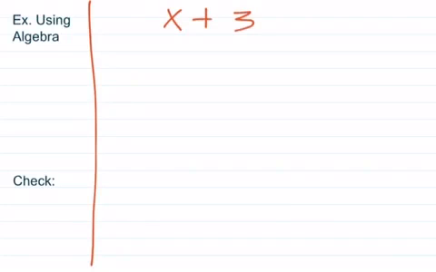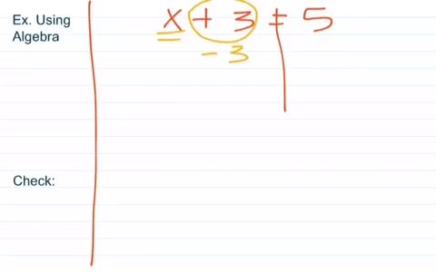Okay, so now we're going to do another example. We're going to use exactly the same equation, but we're going to solve using algebra. So not using a model, just using our numbers. So we have the same example, x plus 3 equals 5, and to show this with algebra, we still want x alone. So to get rid of our plus 3, we have to subtract 3.